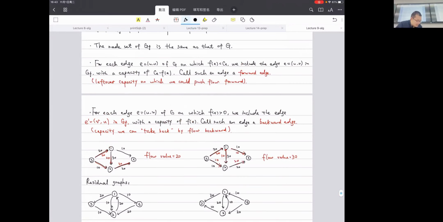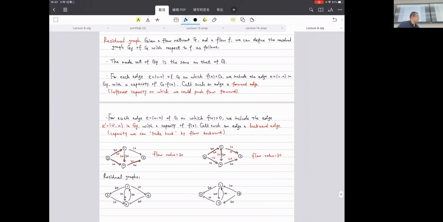Okay, so any questions about this definition of the residual graph and the residual graph on the specific examples that we are talking about? Here it looks a little bit weird, so I draw this again. Any questions about the definition and examples?